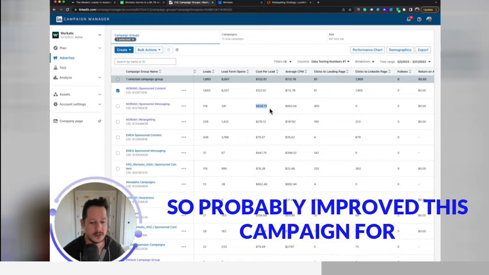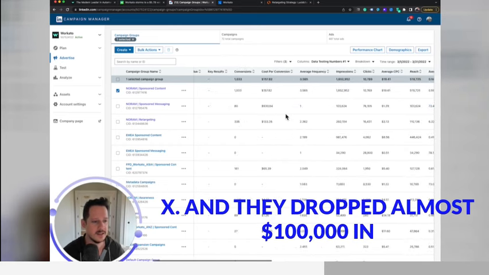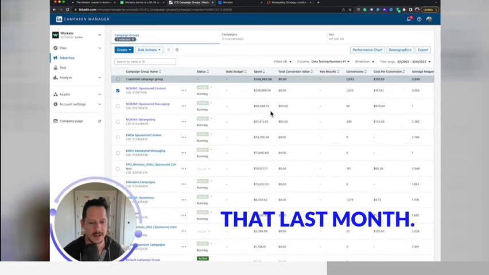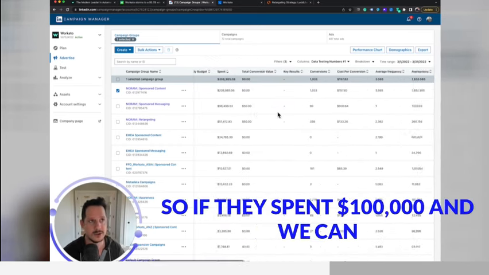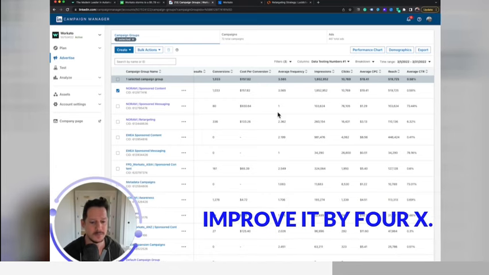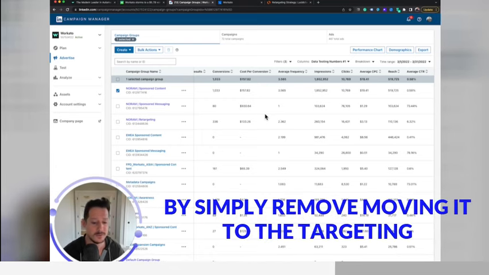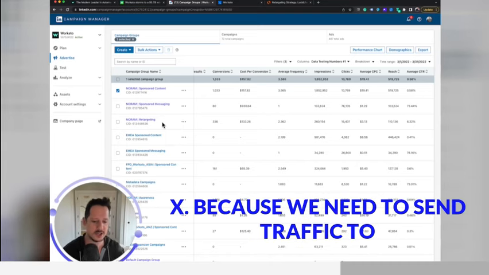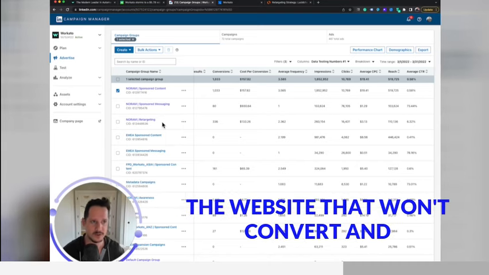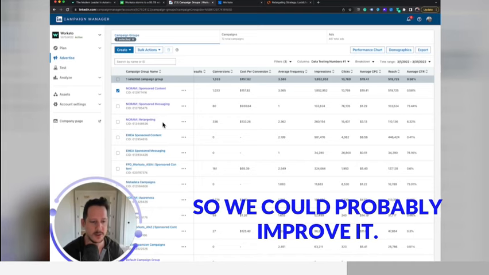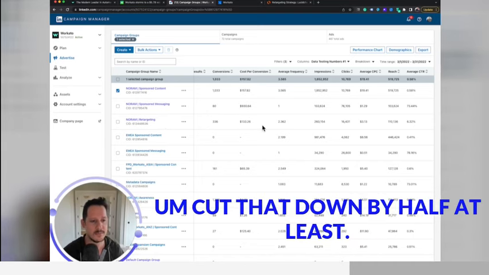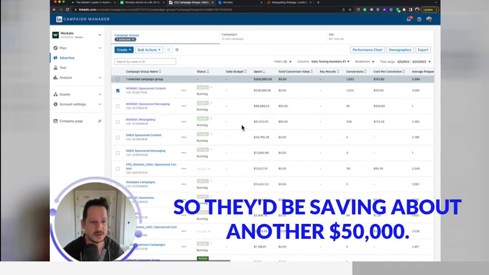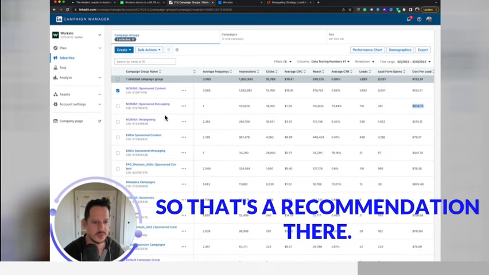So it probably improves this campaign 4x, and they spent almost $100,000 in that last month. So if they spent $100,000 and we could improve it by 4x by simply moving it to the retargeting layer, or probably I'd say about 2x, because we need to send traffic to the website that won't convert and then retarget them, we could cut that down by half at least. So that'd be saving about another $50,000. So that's our recommendation there.